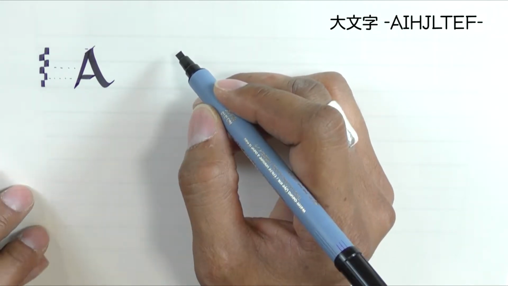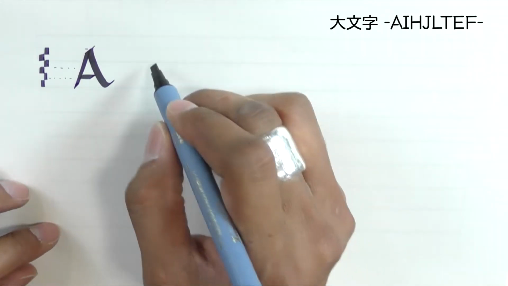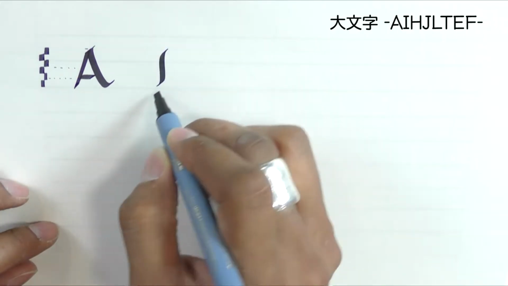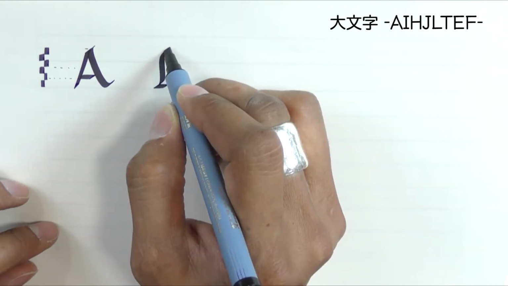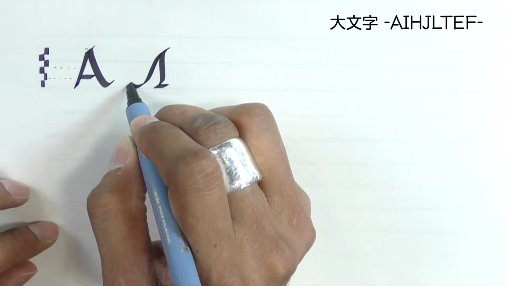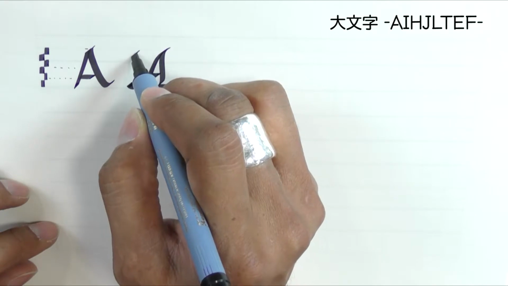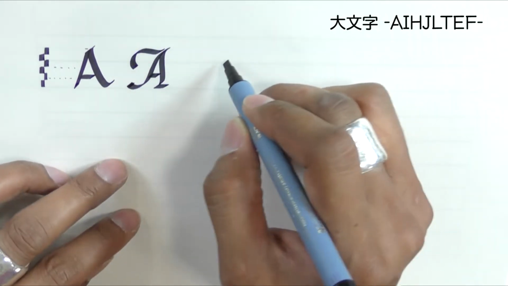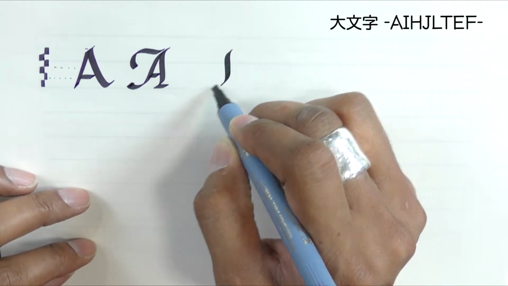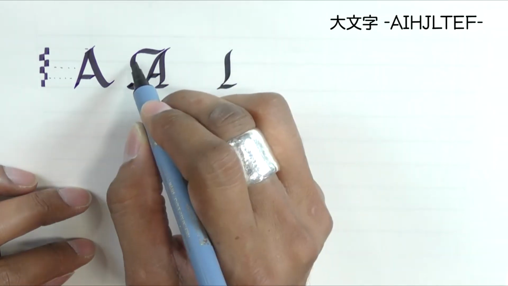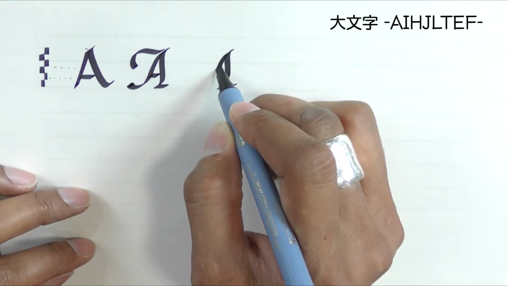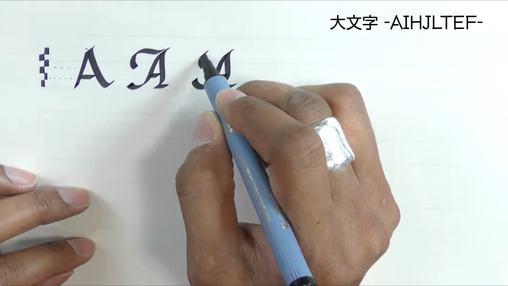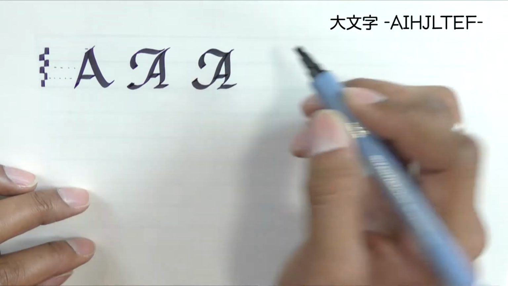The swash capitals have a different major stem. And this swash flourish stem can connect to the letter itself.